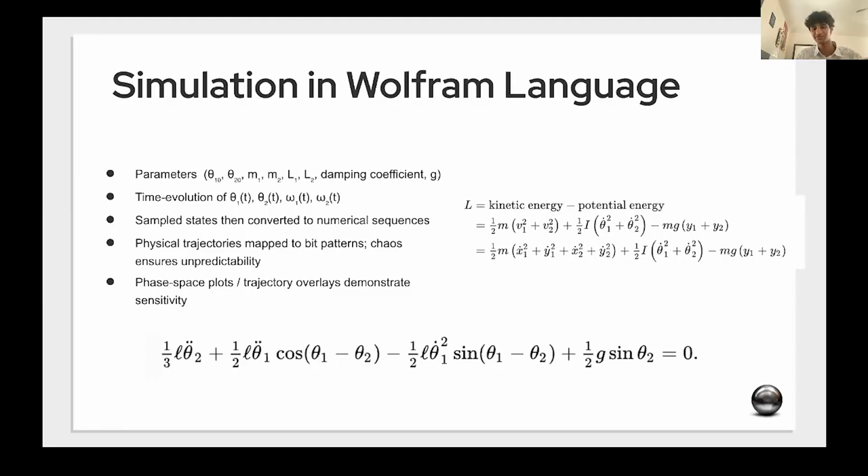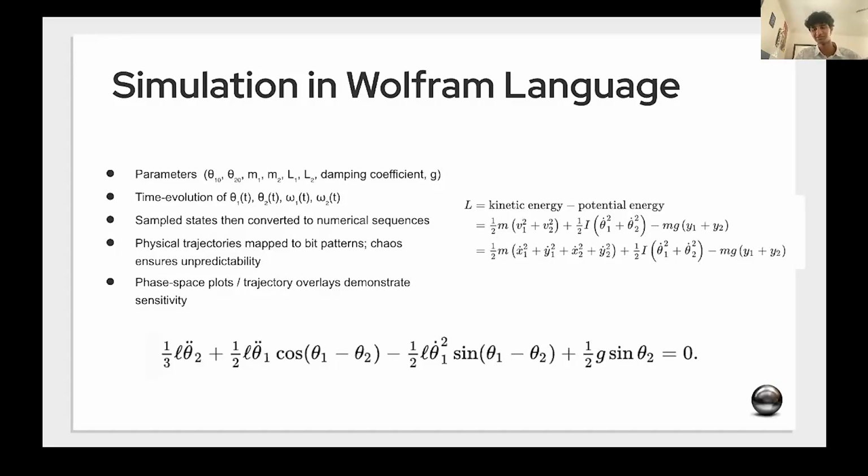Going further, there are derivations that have been done to get the equation on the bottom, which I believe is called the Euler-Lagrange form. This is the equation that our simulation tries to numerically approximate, given the initial two parameters and other things like the damping coefficient and the gravitational constant. These physical trajectories are then mapped to bit patterns, which Oxide will talk about later.